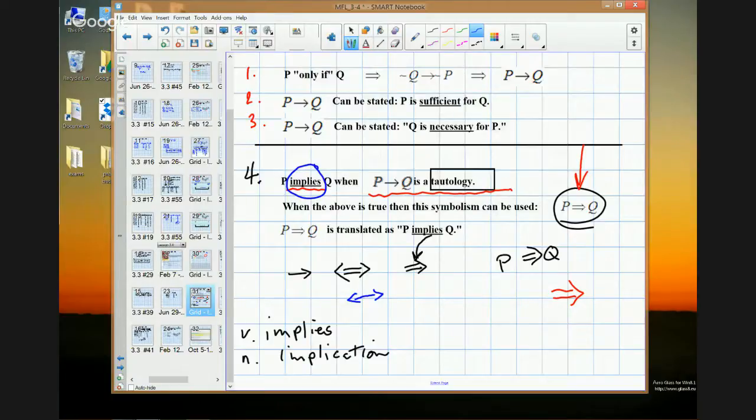This is also very important. If a sentence says to you that P implies Q, the only time that can happen, this is a big step to use that word, because the only time one thing can imply the other is that when it's put in an if-then form, if P then Q, it has to come out to a tautology.